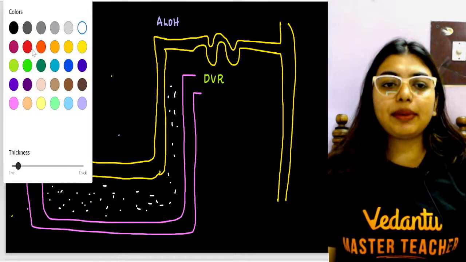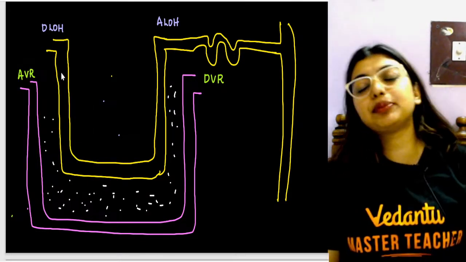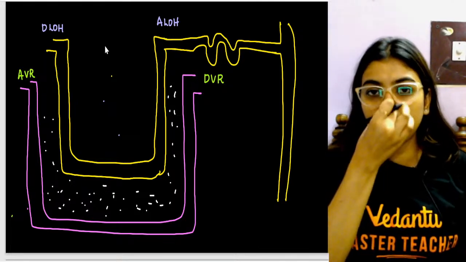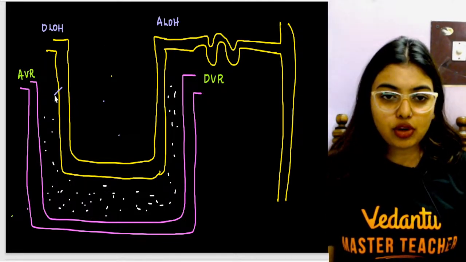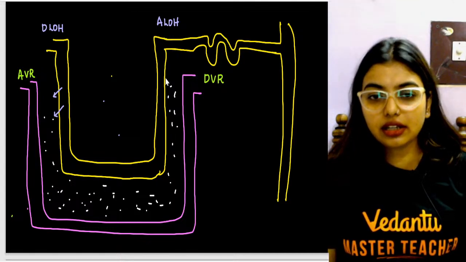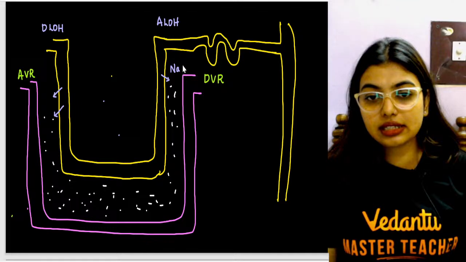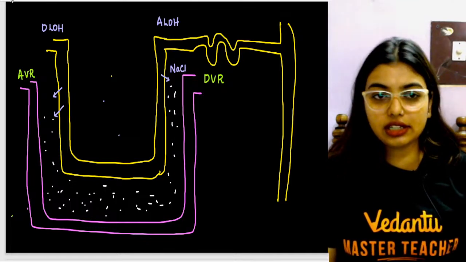Now what is going to happen? The descending loop of Henle is permeable to water but impermeable to electrolytes. So water will keep coming out, and it will go all the way till here. Just before this paragraph they had told that NaCl will be secreted into the medullary interstitium.